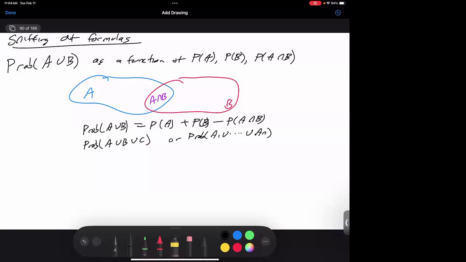And so what we could do is maybe conjecture that the probability of A union B is a nice function of the probability of A, the probability of B, and the probability of A intersect B. So maybe we'll call this alpha, beta, and gamma.